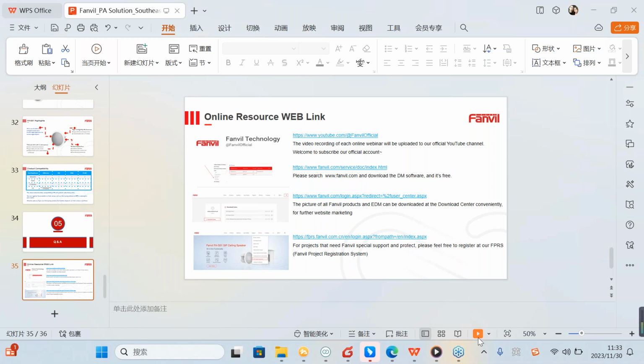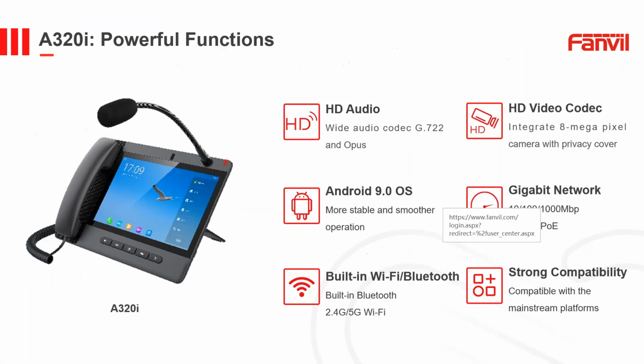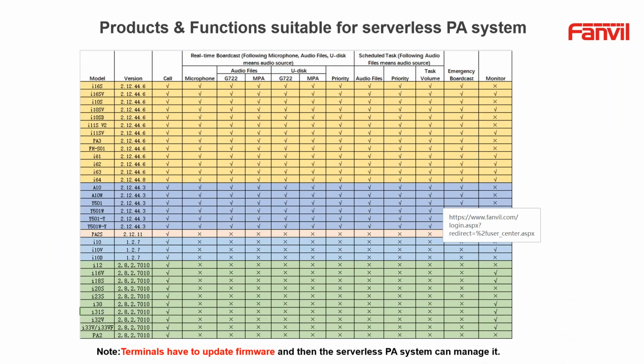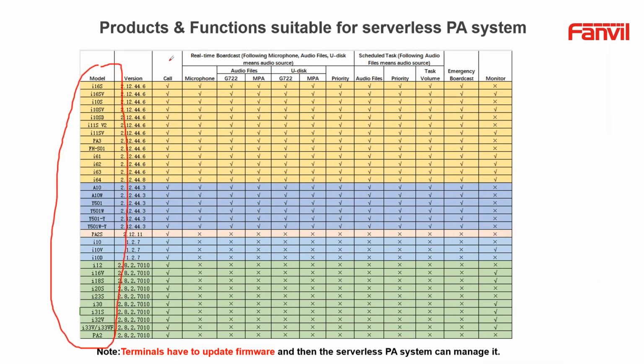Okay, I get your question, but what I need to point out is, on this page you can see that, from now on, the serverless public address system doesn't support making emergency broadcast to H5W just right now, but this function can be added to the serverless system.